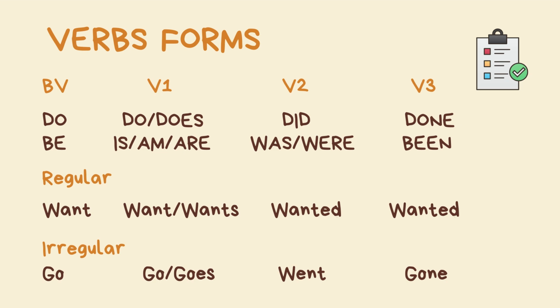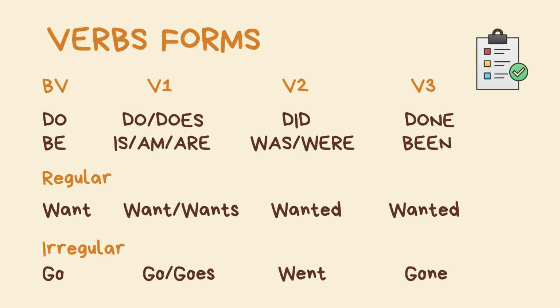You don't just add ed at the end. It differs from verb to verb. Go, goes, then went, and then gone. All right, so those are the requirements of composing simple past.